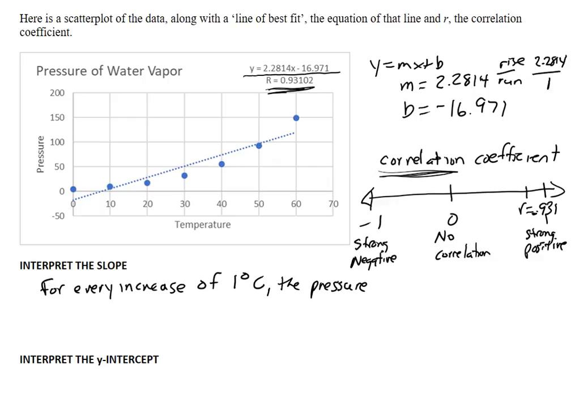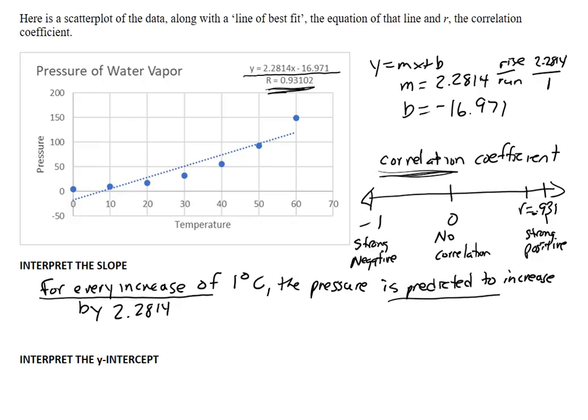Is predicted to increase. Now it could be decrease. If the slope was negative, it would be decreased by 2.2814. So much of this, you can see for every increase, and then "is predicted to," this part could be decrease, but here is the x variable, and it always goes up by 1.